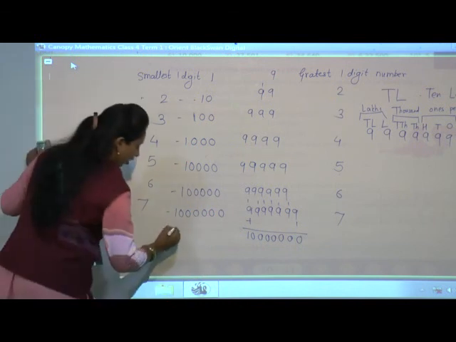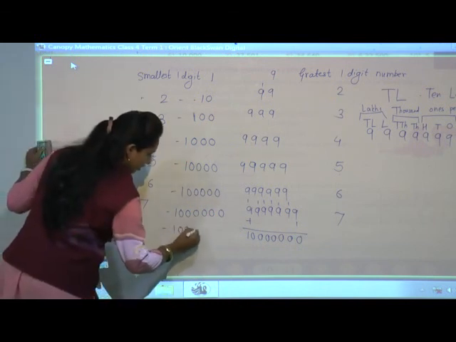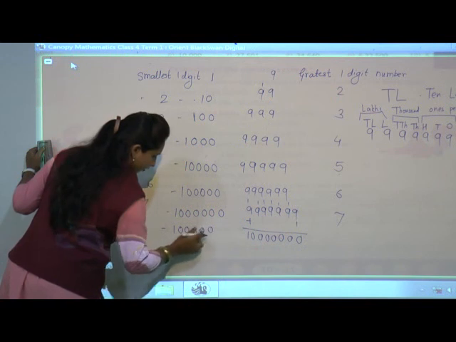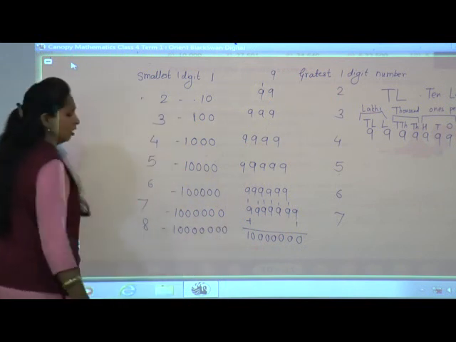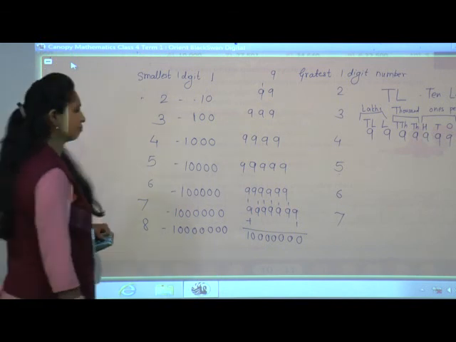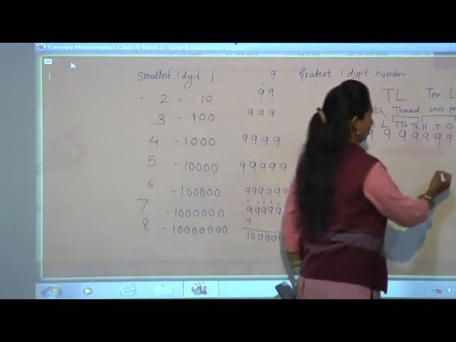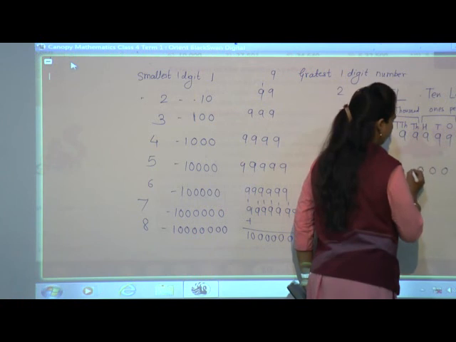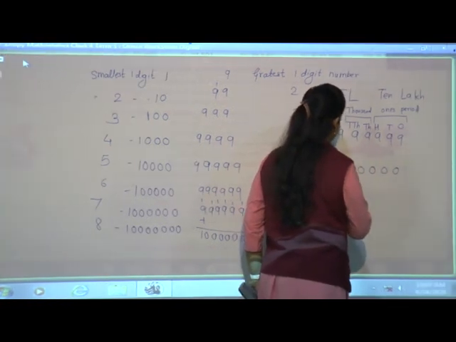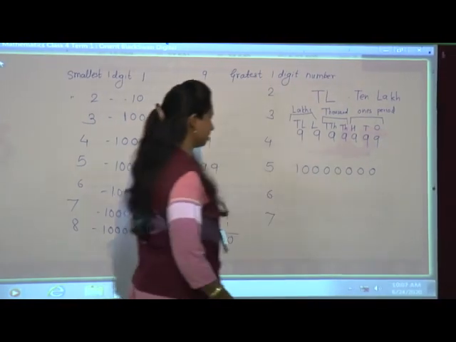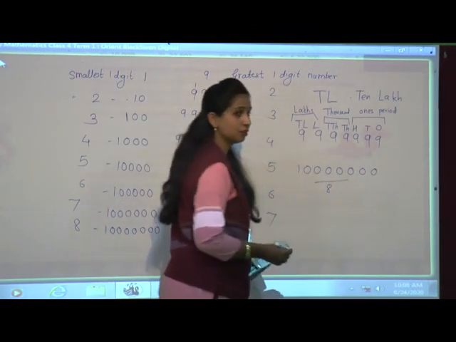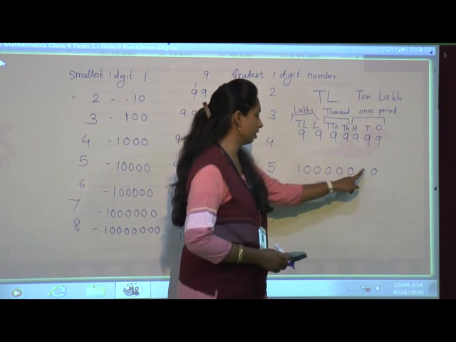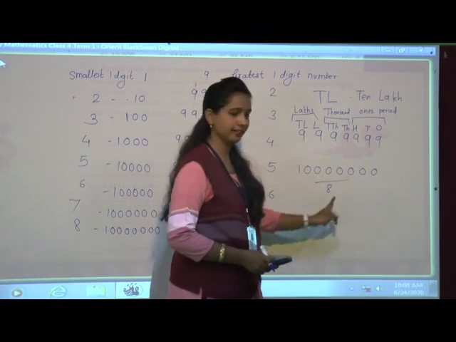See, we got the smallest 8 digit number. I'll write it here. See, this is the 8 digit number, and that too the smallest.